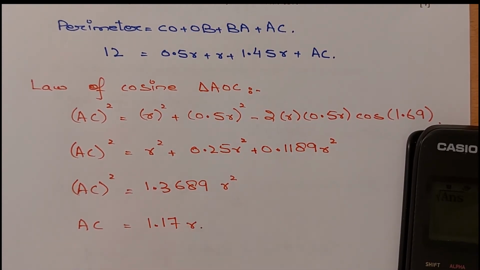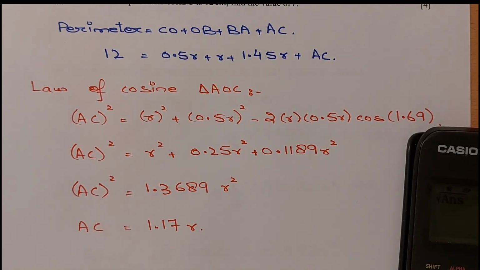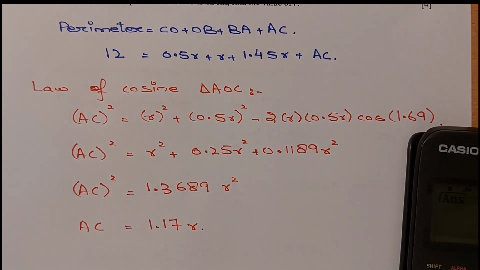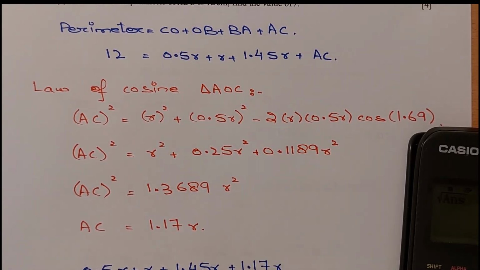1.17 times R. So substituting that AC into the first equation, the parameter equation, we can say that 0.5 R plus 1.45 R plus 1.17 R equals 12.